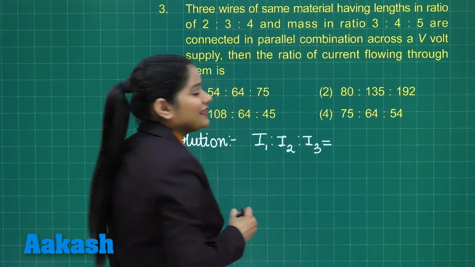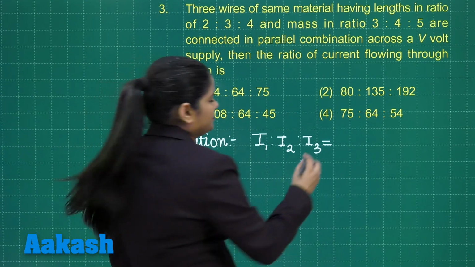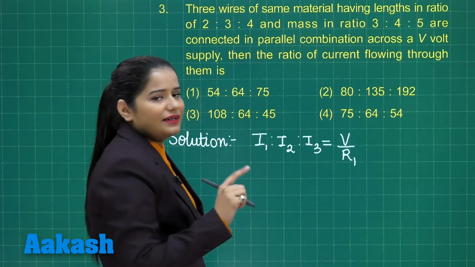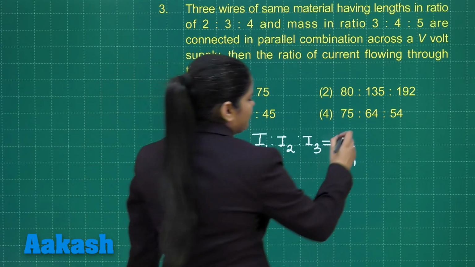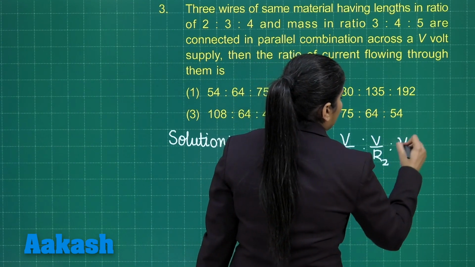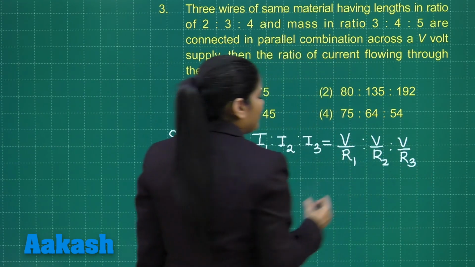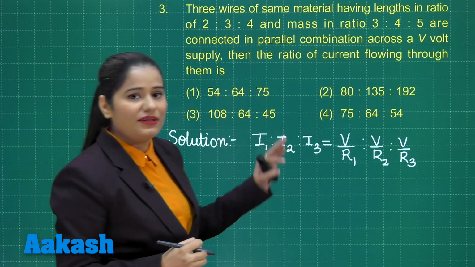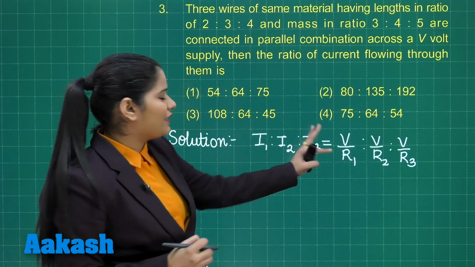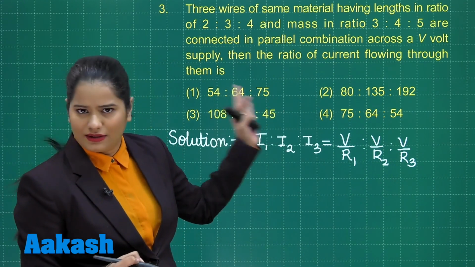These wires are connected in parallel to each other. So voltage will be same. What is current? Current is V by R from Ohm's law. So this will be V by R1 is to V by R2 is to V by R3. So if I just calculate the ratio of resistance and reciprocate it, I will calculate the ratio of the current.